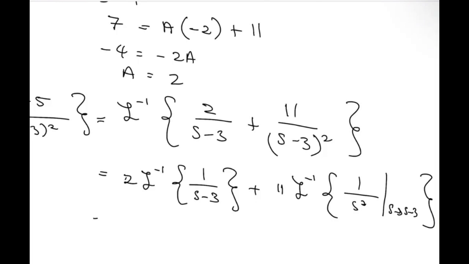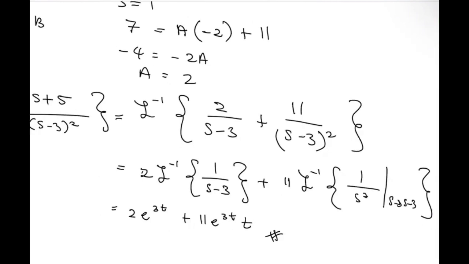So here will be 2 times the inverse of 1 over (s minus 3), which is e to the 3t, plus 11 times e to the 3t times the inverse of 1 over s squared, which is t. So we have 2e^(3t) plus 11e^(3t) times t. So this is our answer.